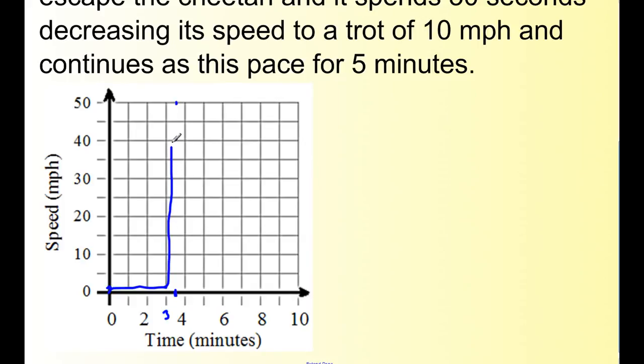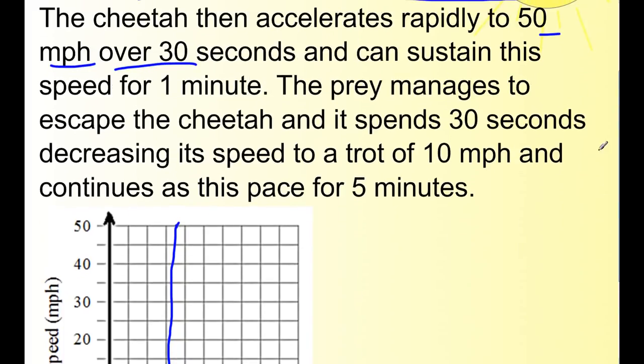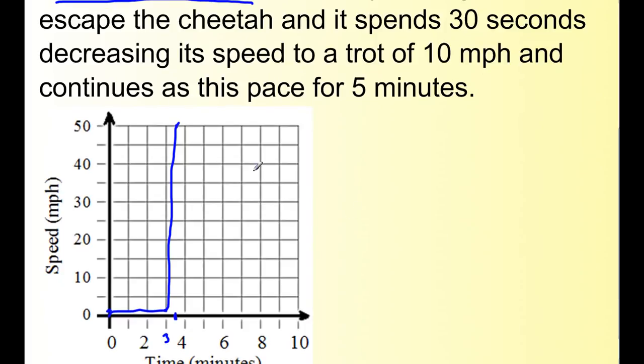Yeah, there we go. Imagine that's straight-ish. It's not like going backwards and forwards. So it accelerates quickly to 50 miles per hour over 30 seconds. And it can sustain this speed for 1 minute. So it's going to keep going for 1 minute at this speed. So what's 1 minute from there?